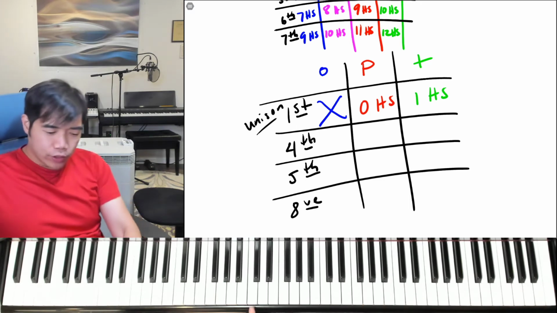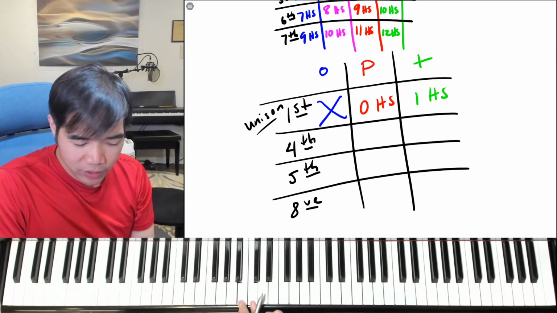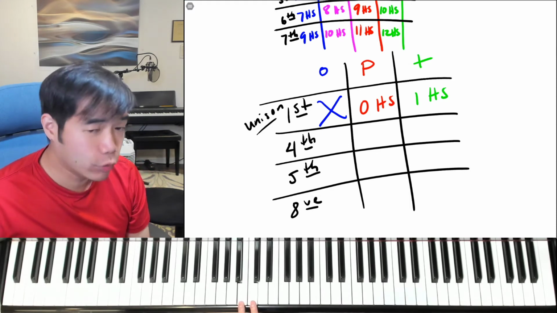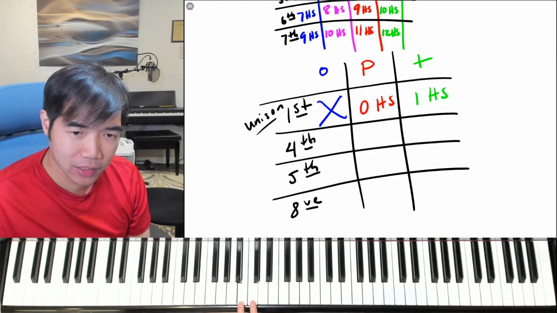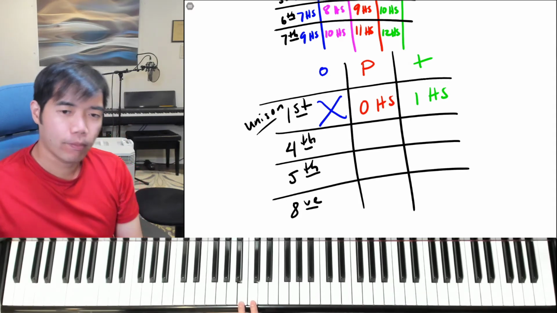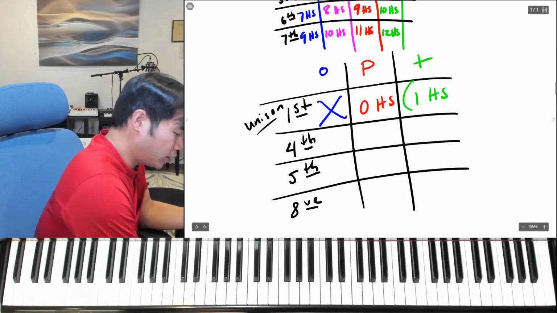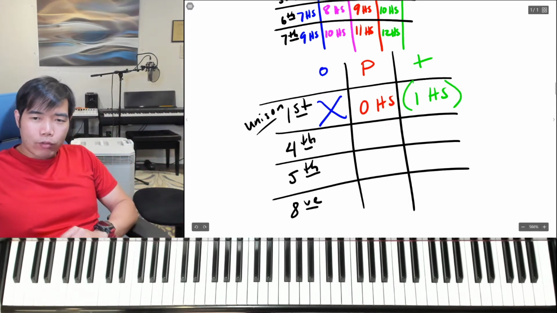Okay? If we were to make this C and C flat, for example, we have not decreased the distance, we've increased the distance. This would also be an augmented unison. Okay? Which again is just theoretical, so you should never see this, nor should you ever write this.